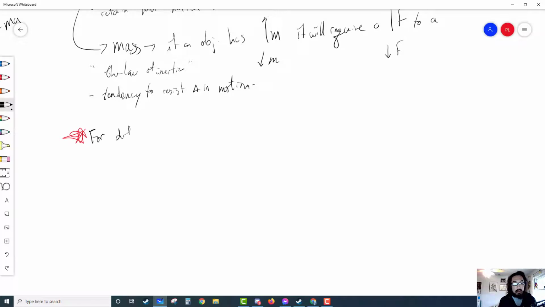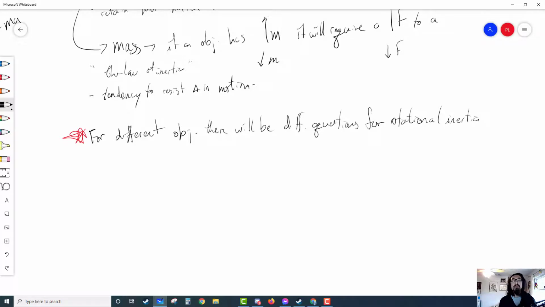For different objects, there will be different equations for rotational inertia. Okay, this is a very important idea.